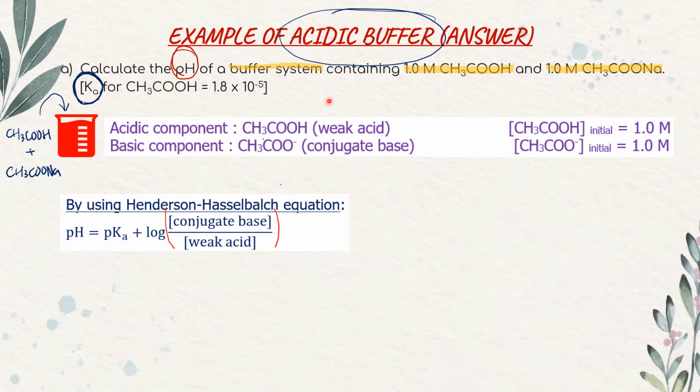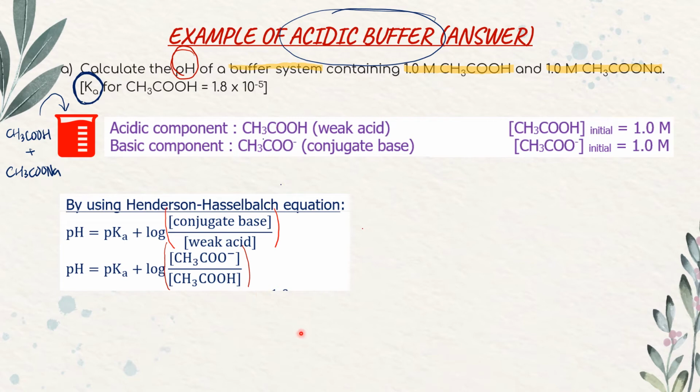So maksudnya, you will write down the equation macam ni. pH equals to pKa plus log concentration of CH3COO- over concentration of CH3COOH. Because markah dia dekat sini. Okay, dekat equation yang kita substitute dengan species yang betul.